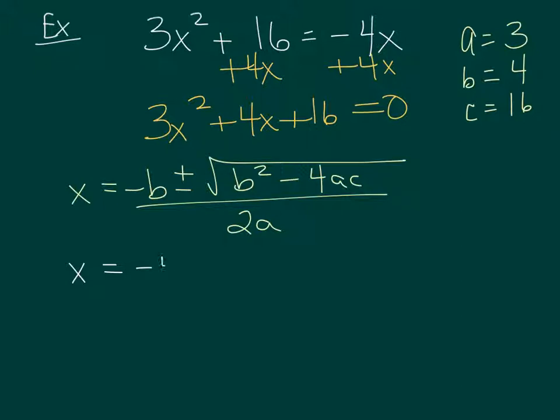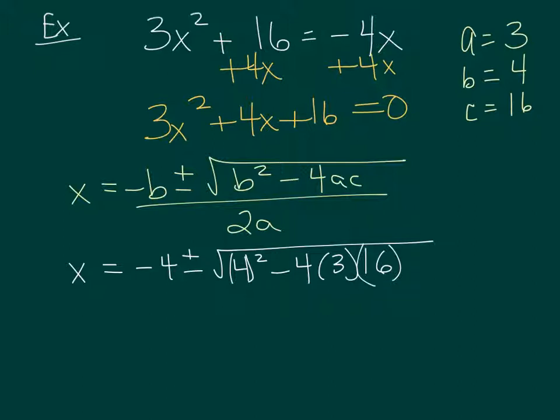So I get -4 plus or minus, and we'll see how this one turns out, because the second example and third example, I just made up on the spot. My b value is 4, so 4 squared, probably should put parentheses, minus 4 times 3 times 16, all over 2 times 3.